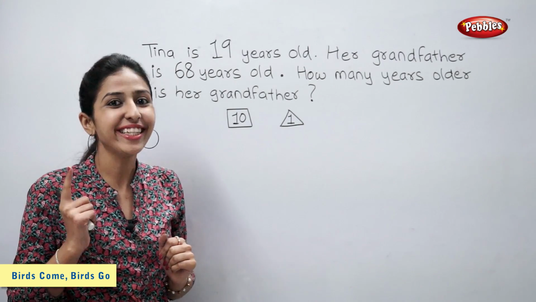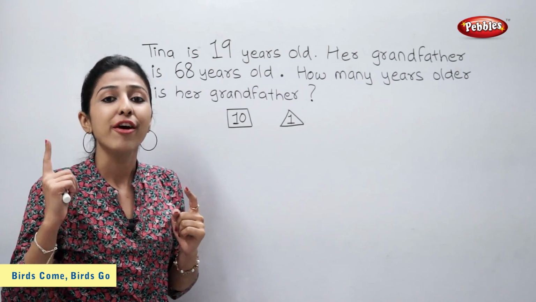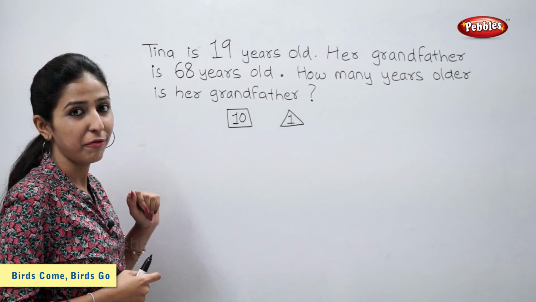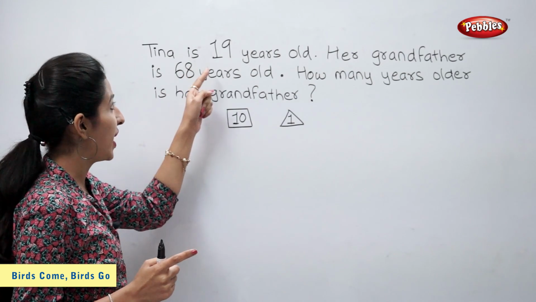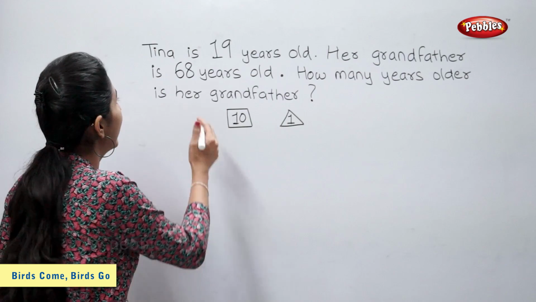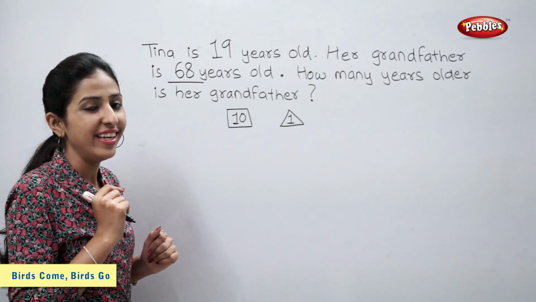So, for finding the difference, we will have to subtract the numbers. For this example, I will write the bigger number first and will subtract the smaller number from the bigger number. 68 is the bigger number.